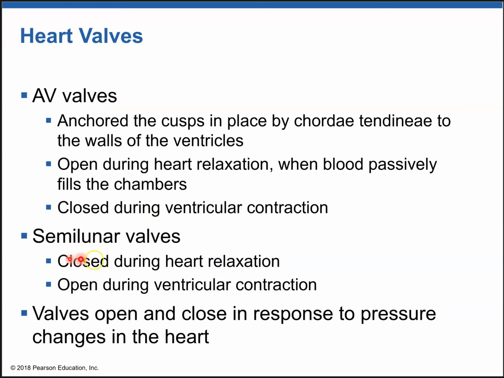The other valves are the semilunar valves. They are closed during relaxation to prevent flow into the body system and the lungs, and during ventricular contraction they are open, and again you can see that they behave in an opposite manner.